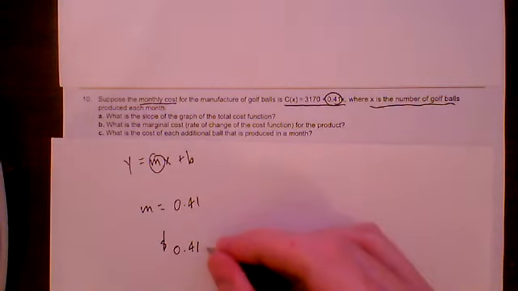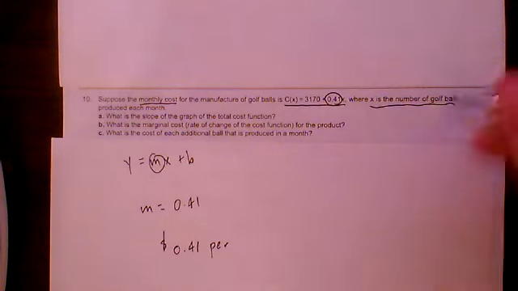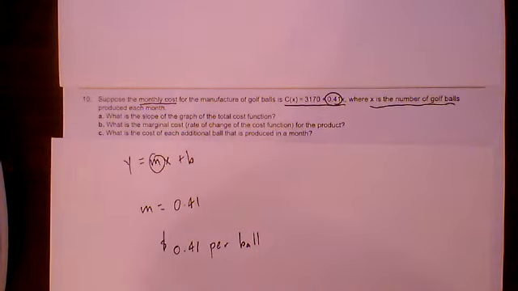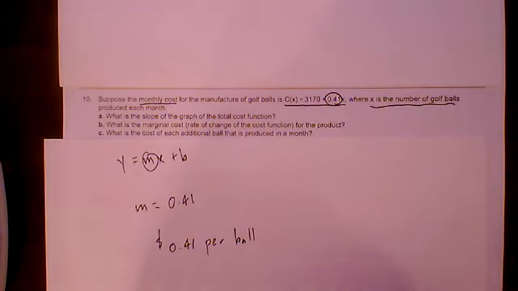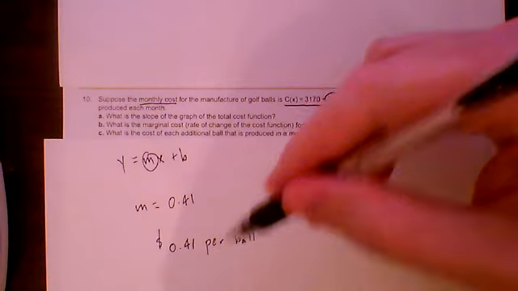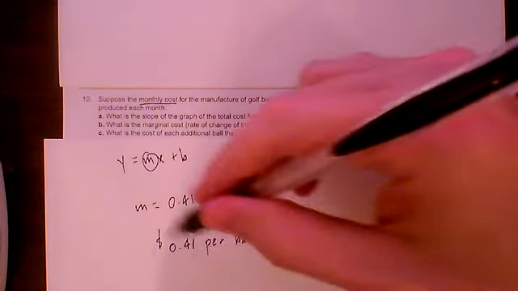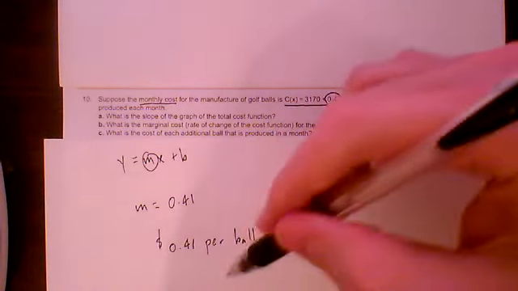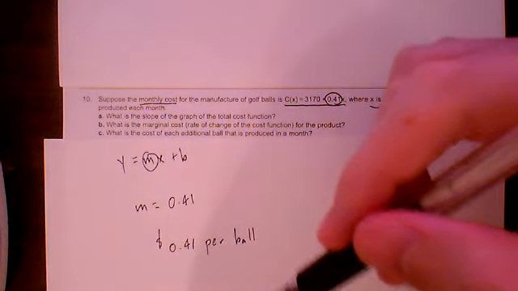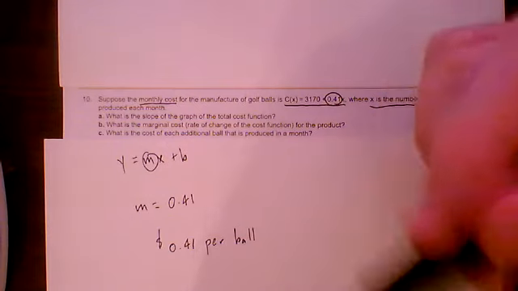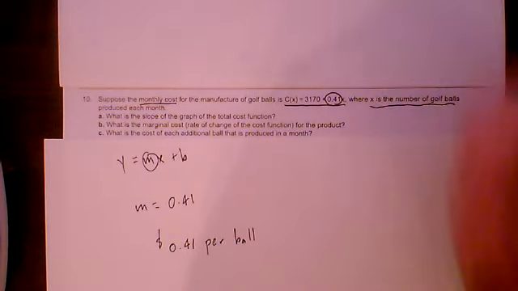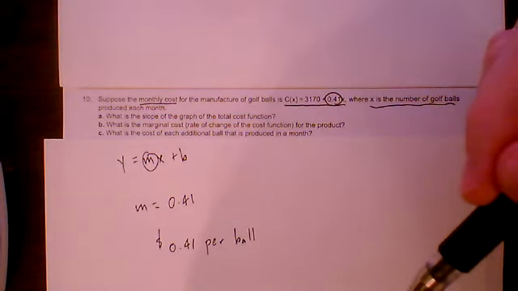That's my Y unit per ball, which is my X unit. Okay. And so what this is telling us is that if we increase our production, every extra ball that we produce is going to cost us 41 cents. Okay. And again, this is another very, very useful topic in the real world. Businesses very much care about how much increasing their production is going to change their costs over time.